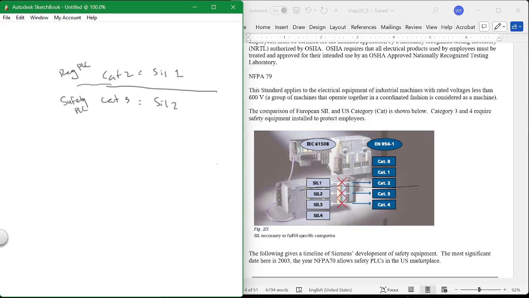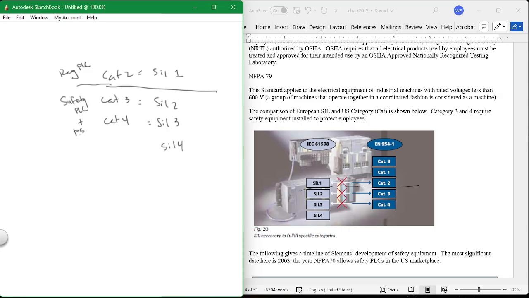And then SIL 3 and category 4 is a safety PLC plus power supply. It has to be a safety power supply. And I don't know what SIL 4 is. I really don't care. If you get into that, you look it up and figure it out. But basically, at this point in time, if you say it's a category 3 process, you must use a safety PLC. Okay?